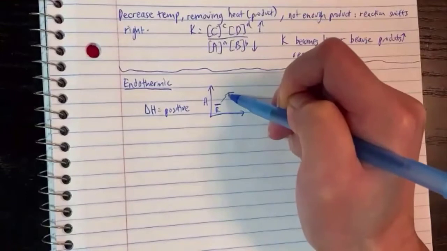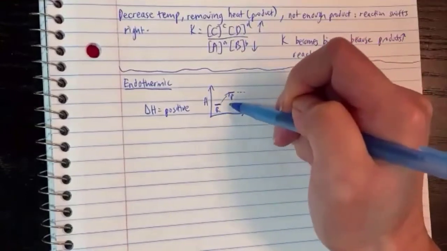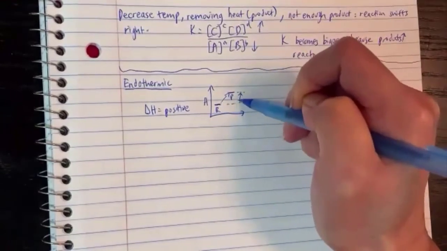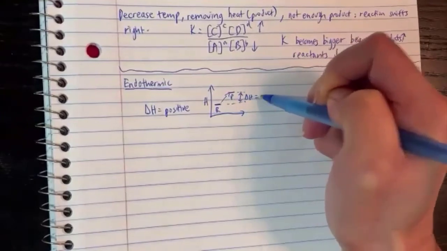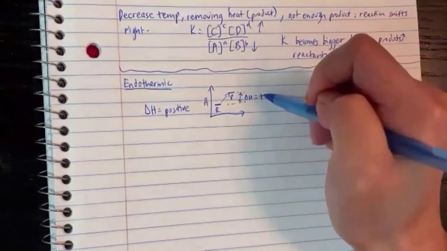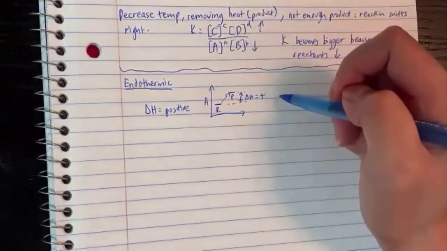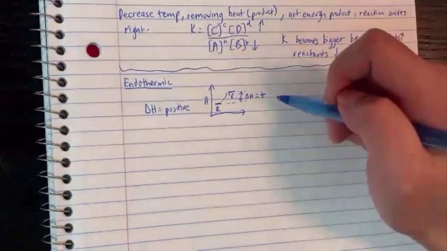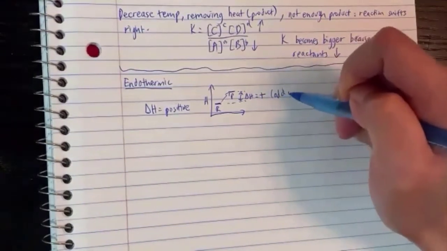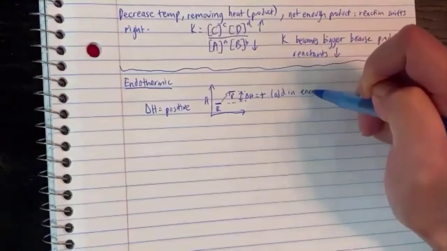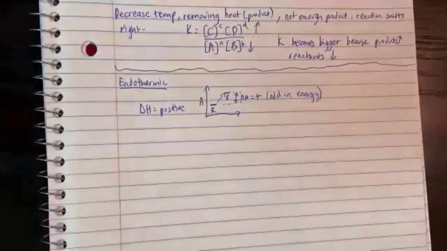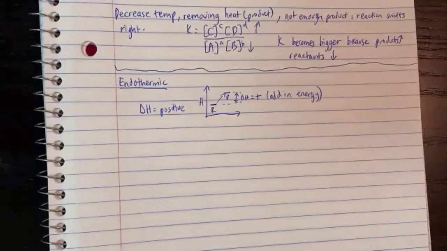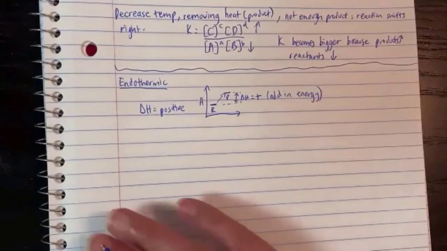The distance between them, delta H, is going to be a positive value. It doesn't release heat, it receives it. You have to add in energy, so heat is a reactant in this case.